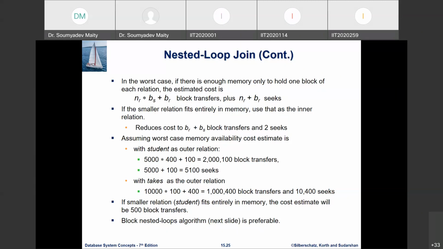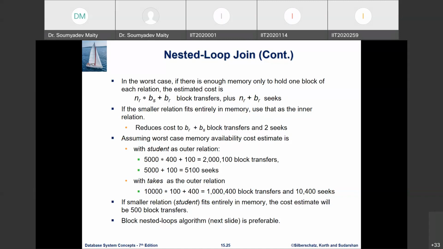One block from R, one block from S. This is the minimum amount of memory required, because if you cannot accommodate at least one block of R and one block of S, then definitely you cannot perform the join at all. That is the worst case scenario.